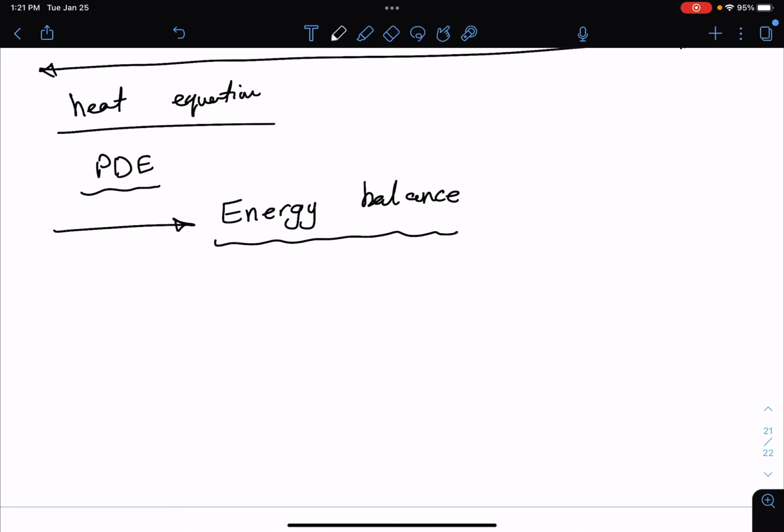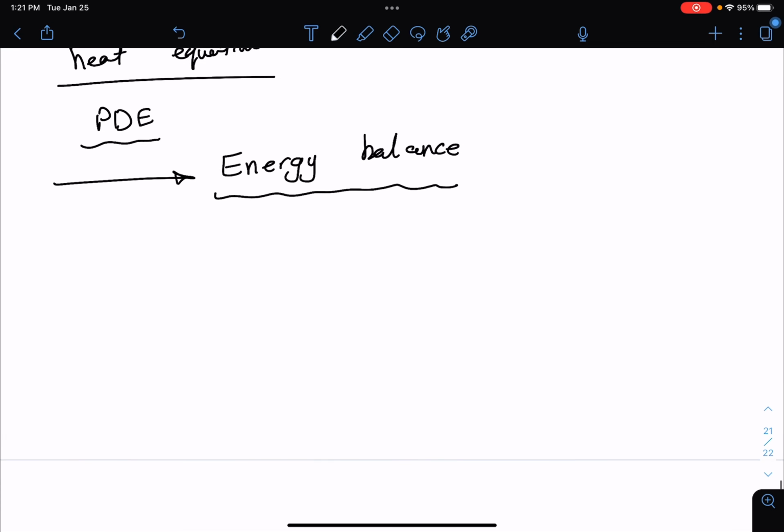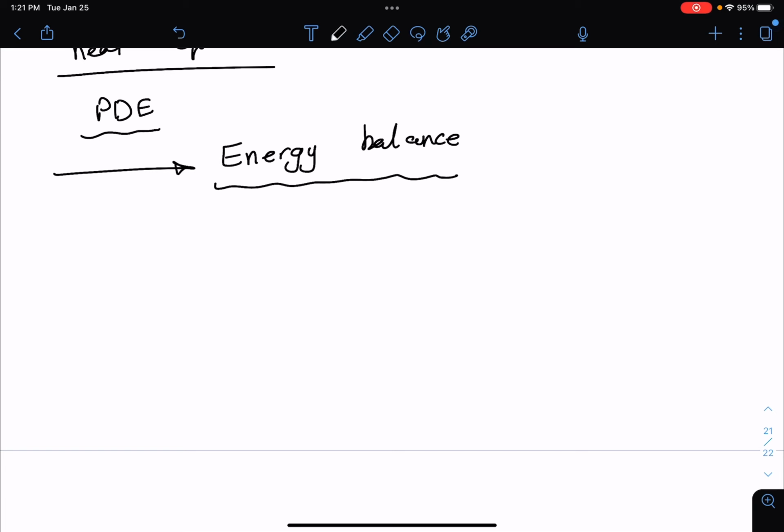But essentially, a heat equation, any type of heat equation, is a simplified form of an energy equation. An energy equation can be derived from energy balance. So let's look at this simple case.